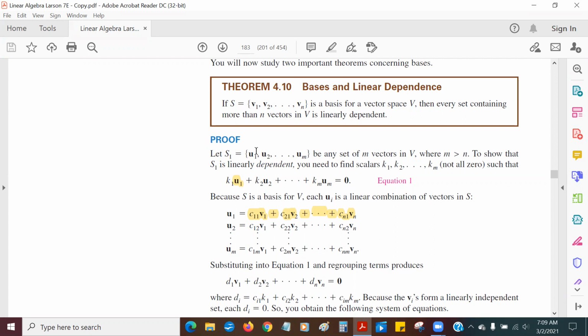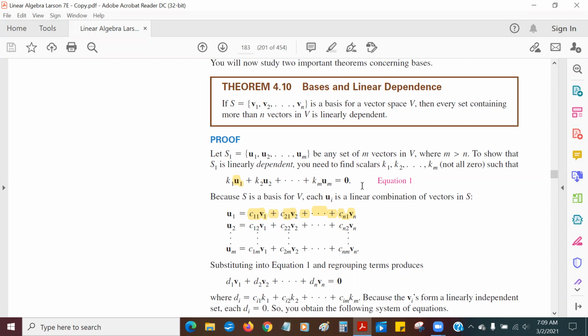And in order to accomplish that goal, we have to find scalars. We're going to call them K1, K2, up to Km, M like Mike. And we have to find scalars to make this vector equation K1U1 plus K2U2 up to plus KMUM equal zero.